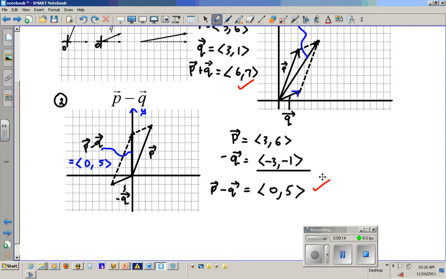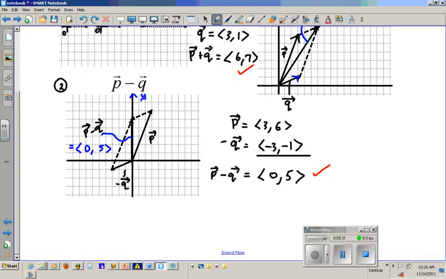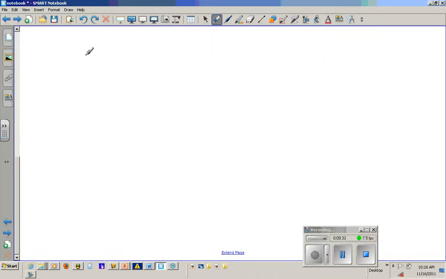All right. Now, there are 2 other questions that are going to be seen on the quiz that involve components and direction. Okay? So, pay real close attention to this. Number 3.